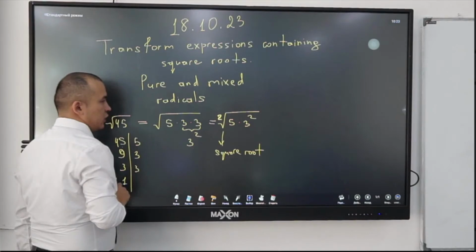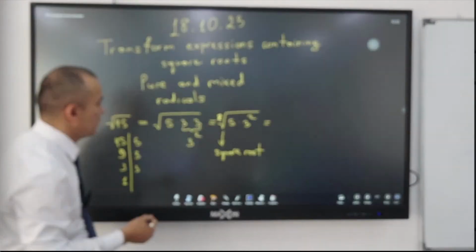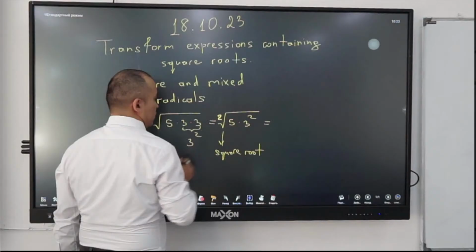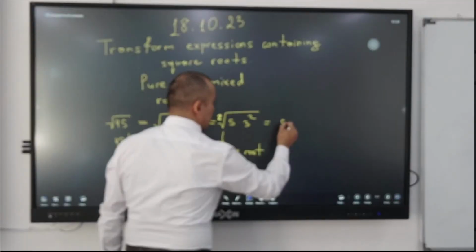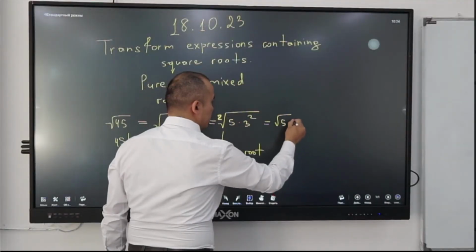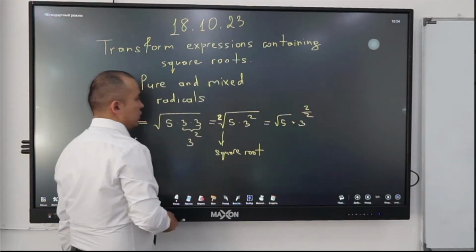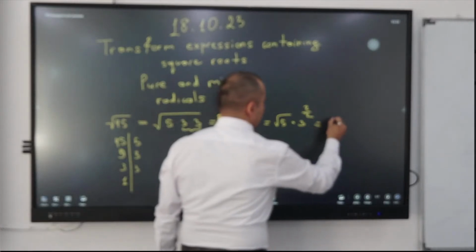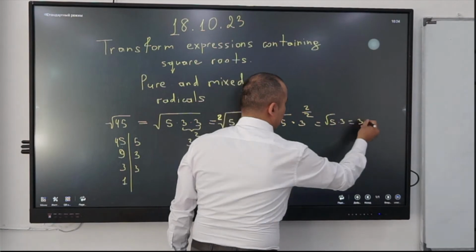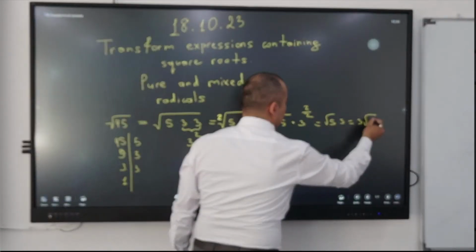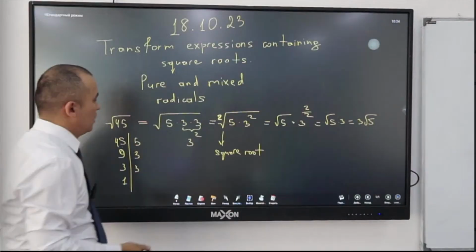Then when we convert this radical into mixed, we will write like this: 5 times 3 to the power 2 over 2. It will be 3 times the root of 5. We can write like this, right? 3 times under root will be 5.